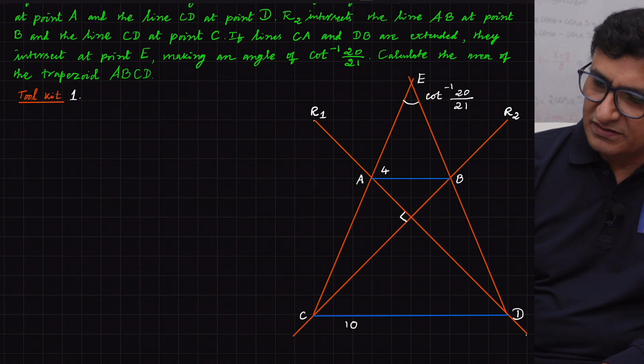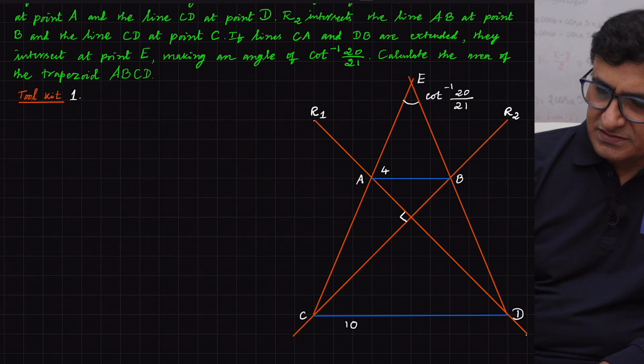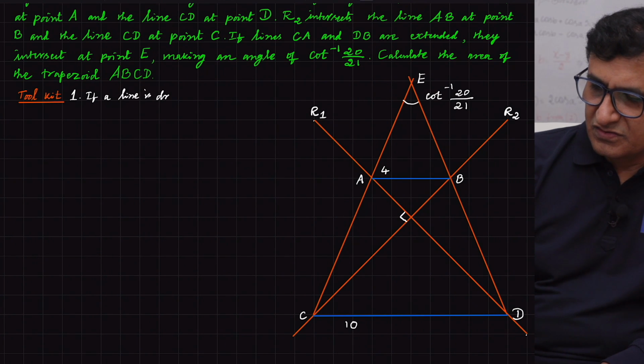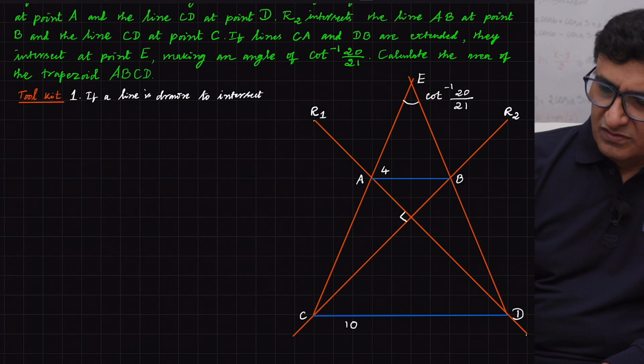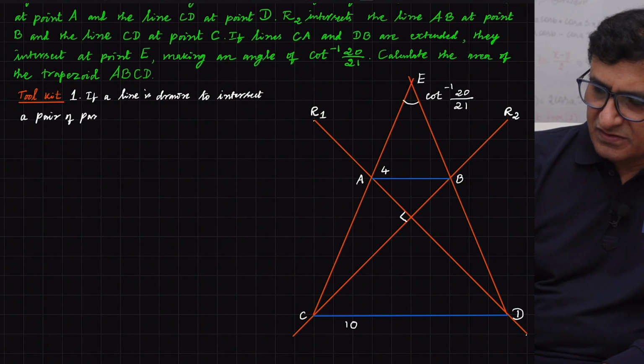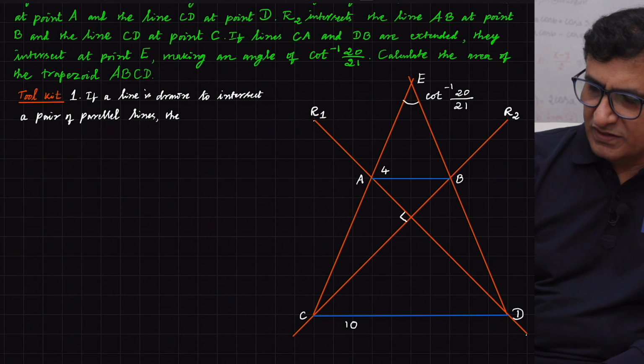So toolkit number 1 is, if a line is drawn to intersect two parallel lines, the interior angles are equal.